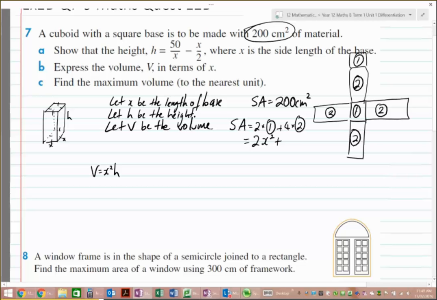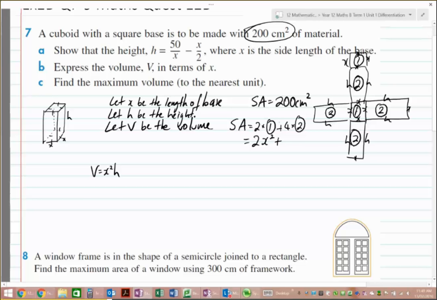So this is x and x. The area of shape 2, we could put the dimensions all over this thing if you're struggling with it, will be h times x, or xh.